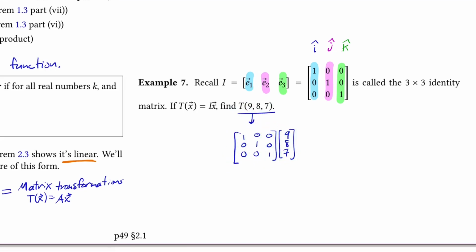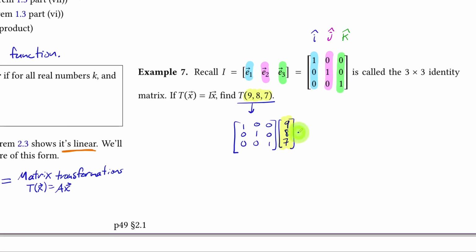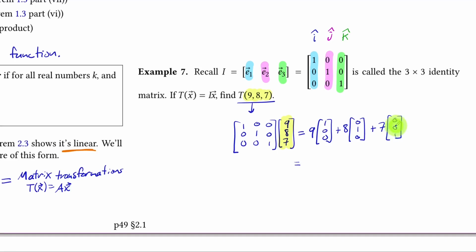Again, writing the point (9, 8, 7) is just alternate notation for the vector (9, 8, 7). And so this just means 9 times e1 plus 8 times e2 plus 7 times e3. And it all comes out to be (9, 8, 7).